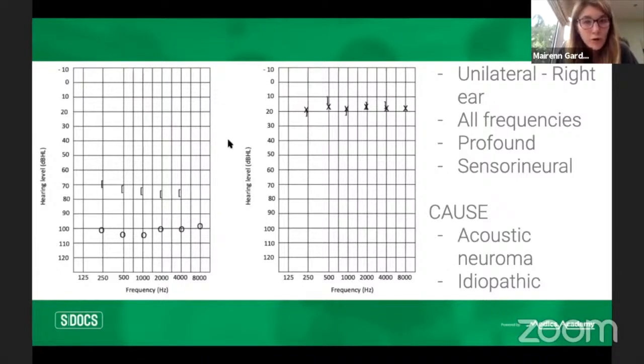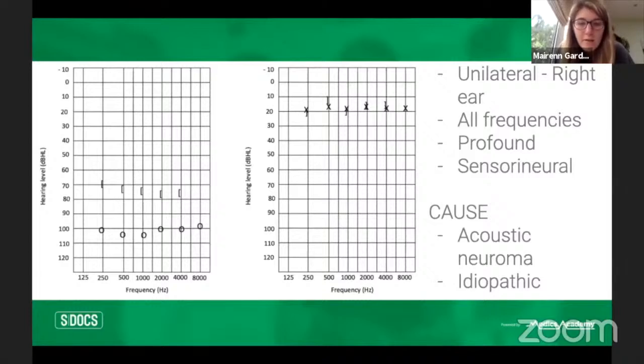It's only in one ear, the right ear, and it's found at all frequencies, so there's not a range in the frequencies it's found at. This is most likely to be acoustic neuroma or idiopathic sensory neural hearing loss.